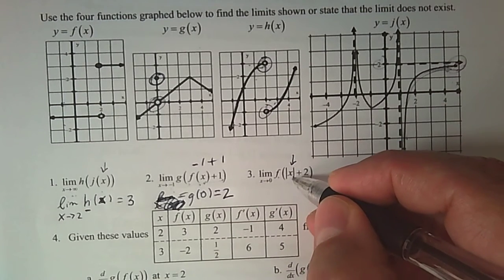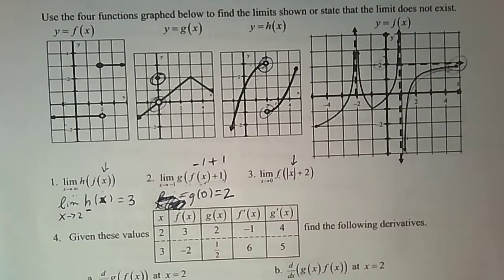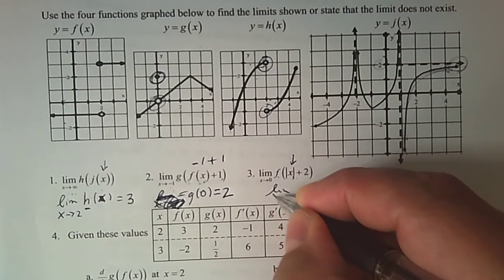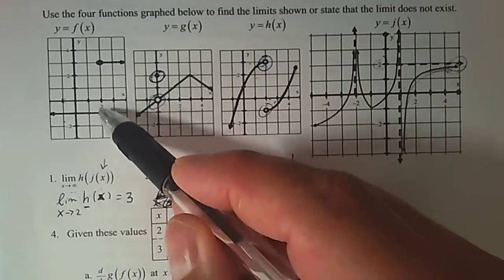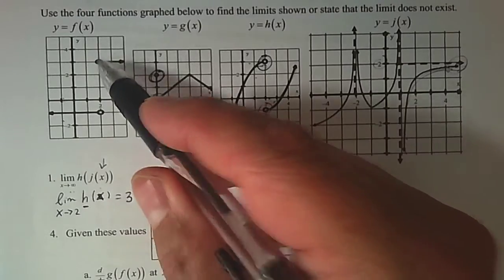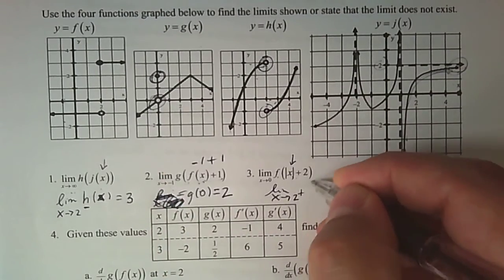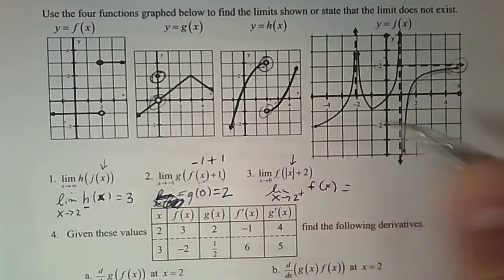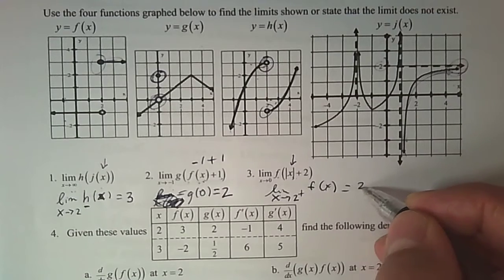When I plug in 0, I get f at 2. And I'm coming from the right-hand side. So if I look at f at 2, what's the y value coming in here? And the answer is 3.